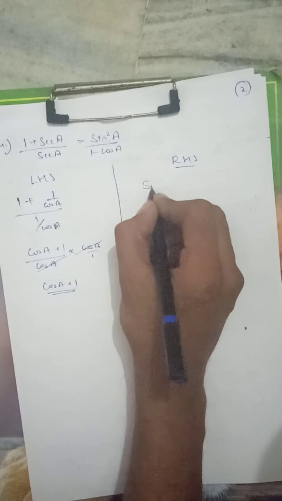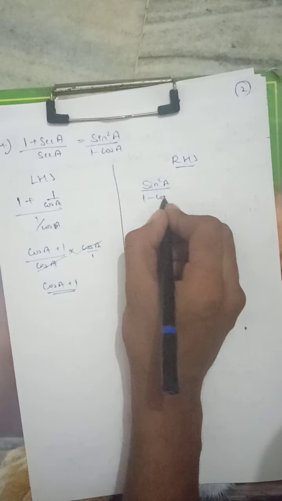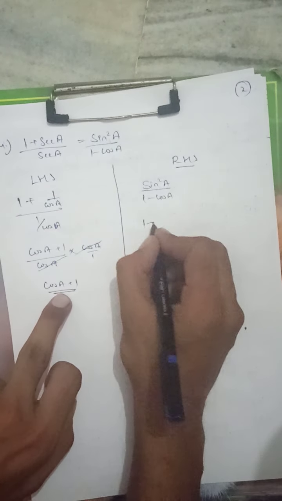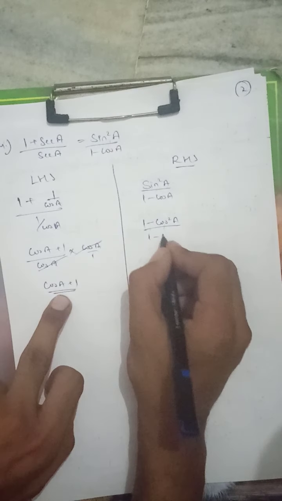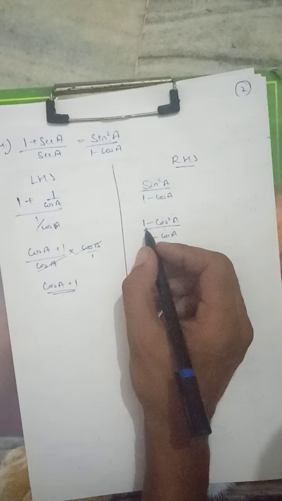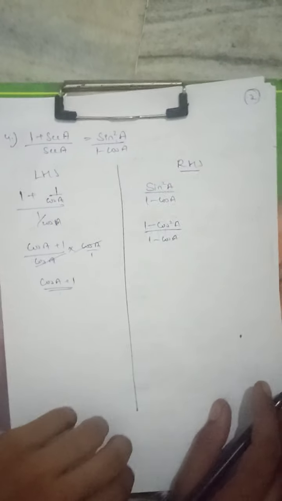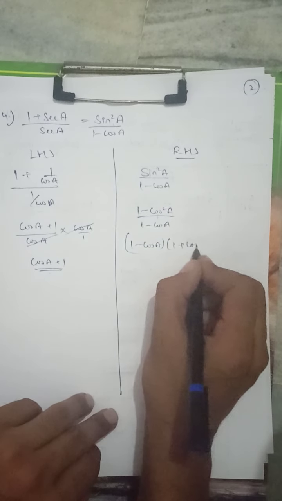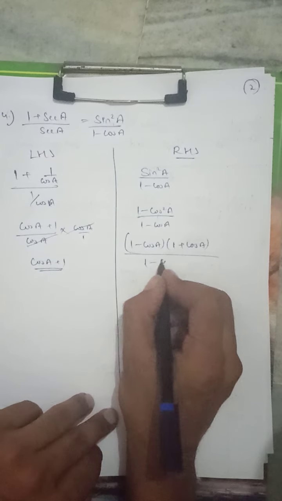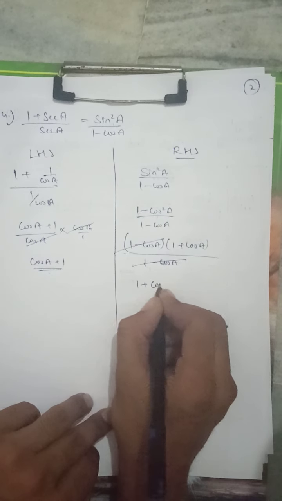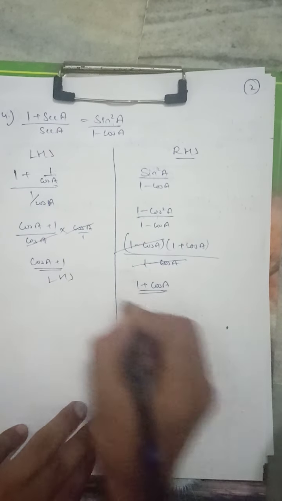Now what we have on the right hand side: sine square A upon 1 minus cos A. You have to get cos, but we have sine. Can we change that? 1 minus cos square A upon 1 minus cos A. Now in the numerator we have a square minus b square, so what we will do? 1 minus cos A into 1 plus cos A upon 1 minus cos A. 1 minus cos A and 1 minus cos A get cancelled and you are left with 1 plus cos A. Left hand side equals right hand side.